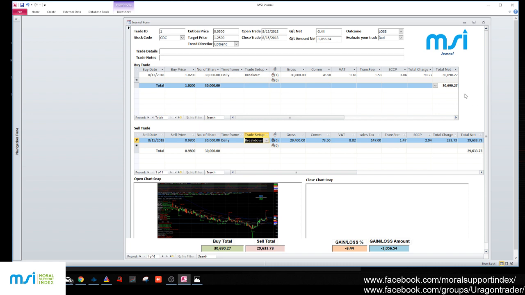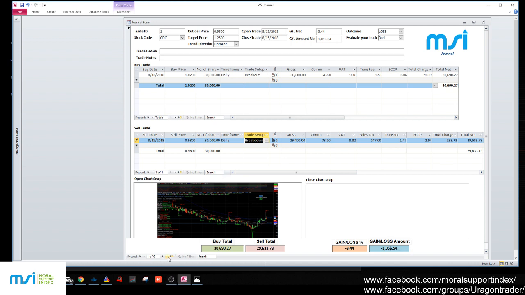Okay, so total, this is one trade. So you bought it at 30,690, you sold it at 29,633. You had a loss of negative 3.44%, and the total amount is 1,056.